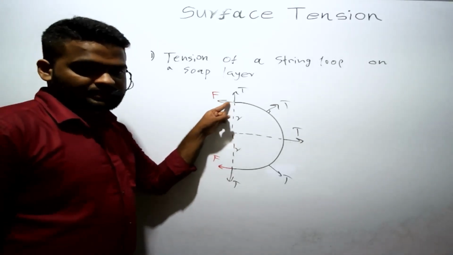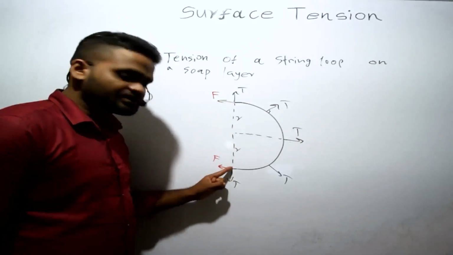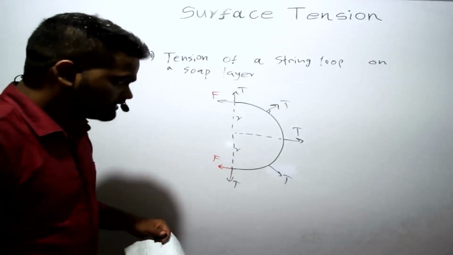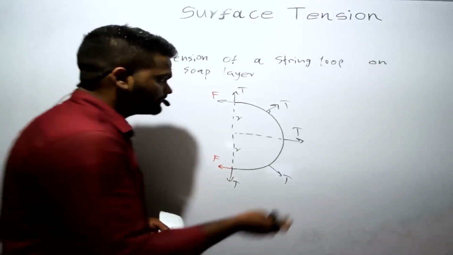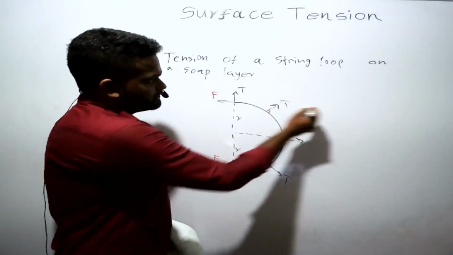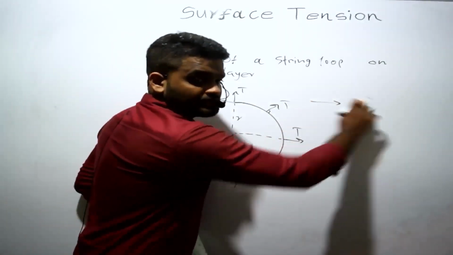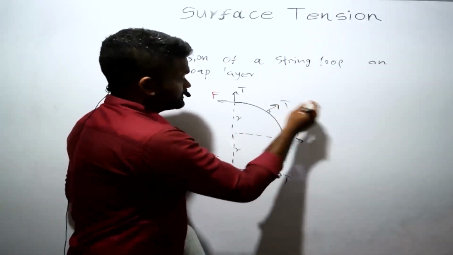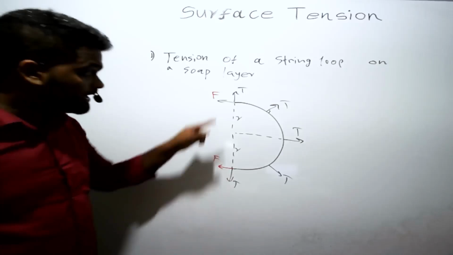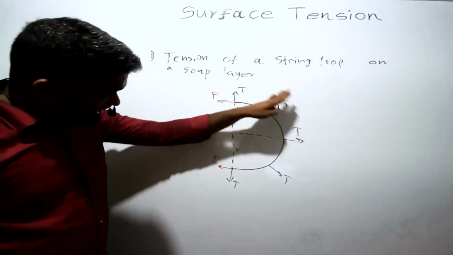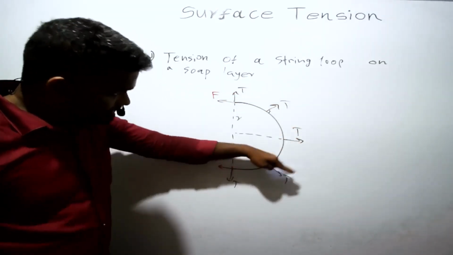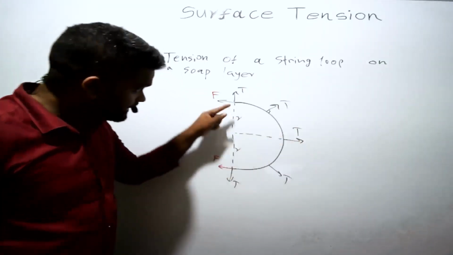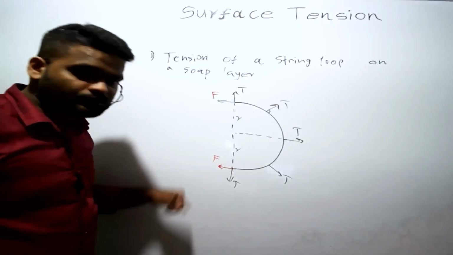So this is the tension built in the string. You can consider the equilibrium to this side and to the other side, right? So what happens? The net force, the resultant force created by these surface tension forces, is balanced by these two tension forces.